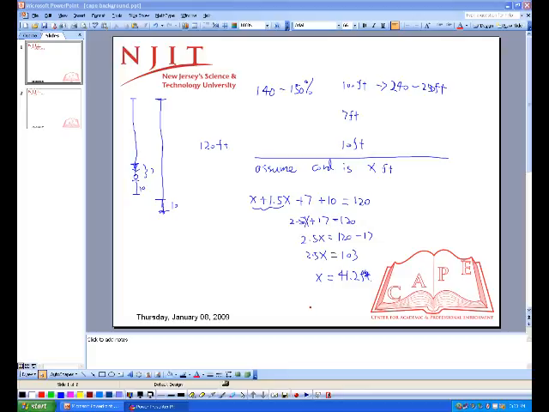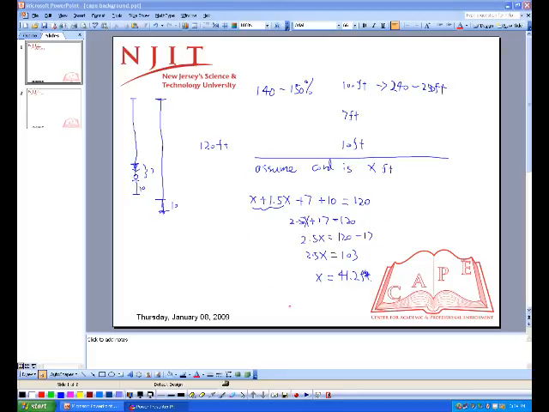To review, in order to solve a word problem, the first and most important part is to understand the question and then write out an expression that describes the problem. The first step is always to write out an expression which describes the problem.